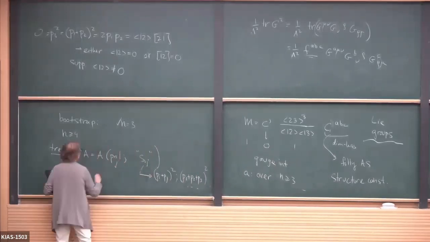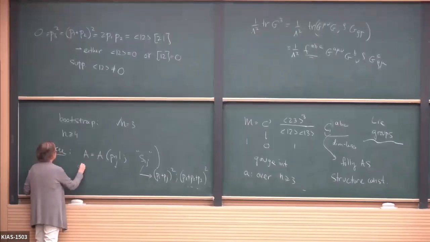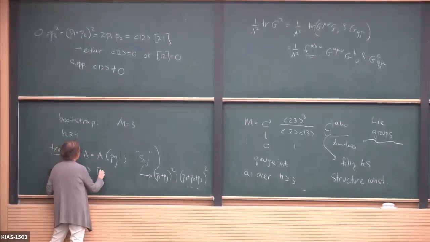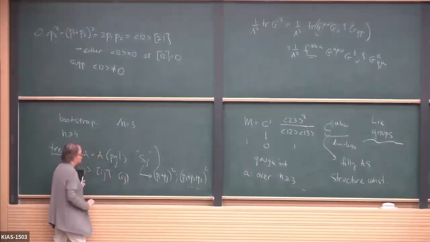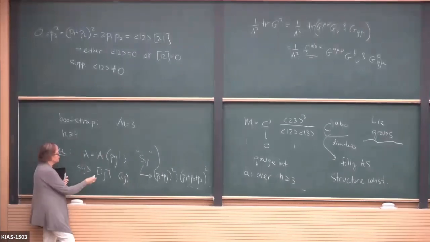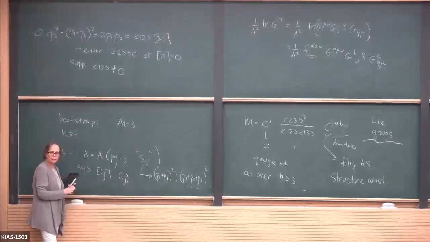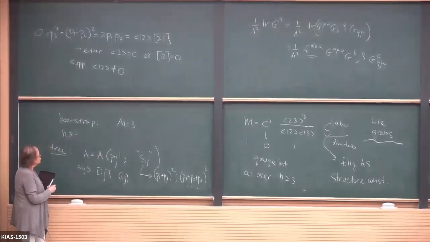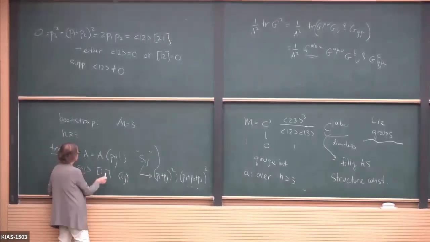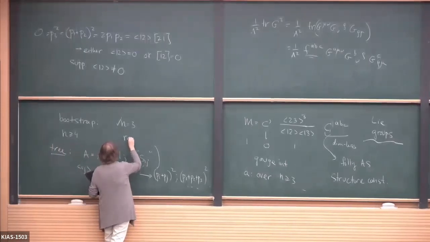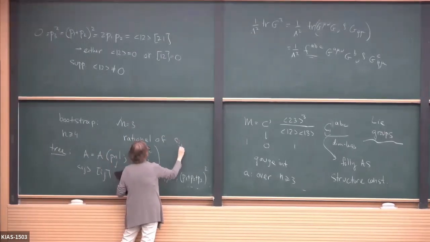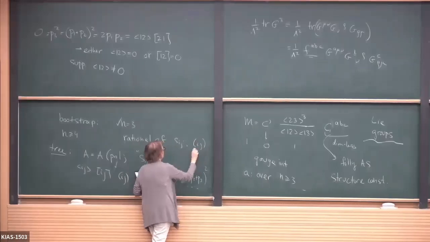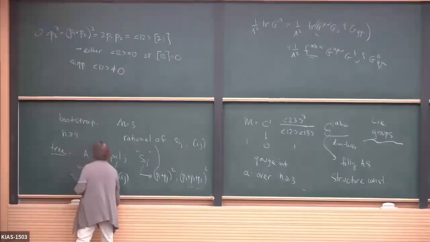Now, the polarizations, we know how to write them in terms of spinor products like this. And I can label them collectively as (ij) in parentheses. So the parentheses can be either square or angle. And what I know is that because I'm working at tree level, this A has to be a rational function of the s_ij and also these guys. So this is something that we're going to use very heavily.